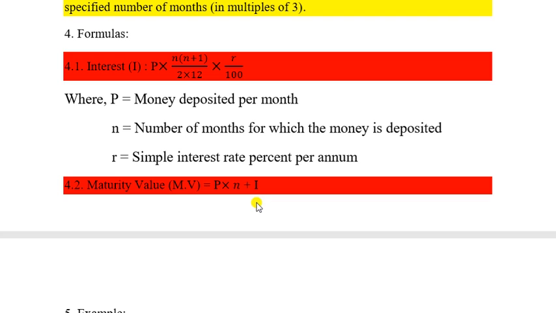Suppose you have given 2000 rupees for 1 year. That means after 1 year you will get some extra amount. That extra amount is called interest.